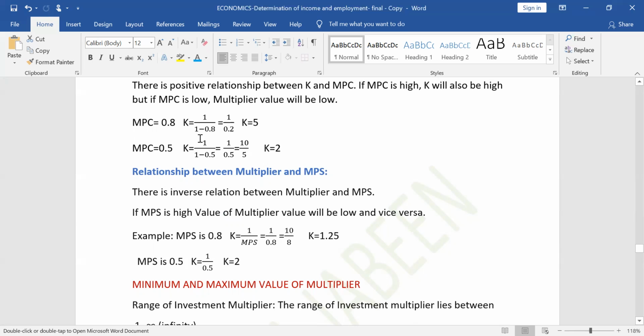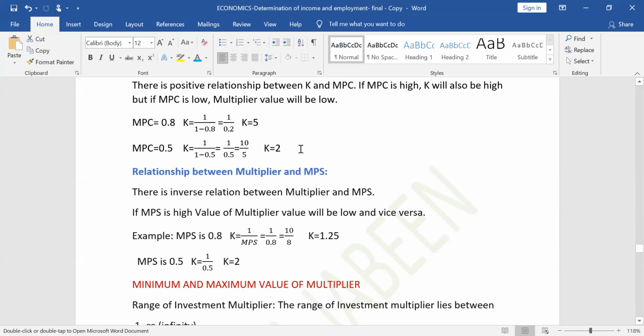If you note here, you will find that when MPC is 0.8, the value of investment multiplier is 5. When MPC has decreased to 0.5, the value of investment multiplier has also decreased to 2, from 5 to 2.